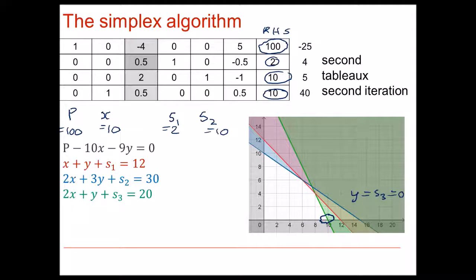You may also remember that at the start of the second iteration we chose to pivot on the y column, and that will mean that we will then be moving along up to the point 8, 4, where the intersection of the red and the green lines are.